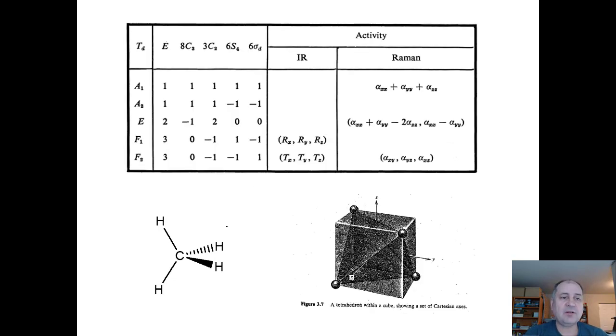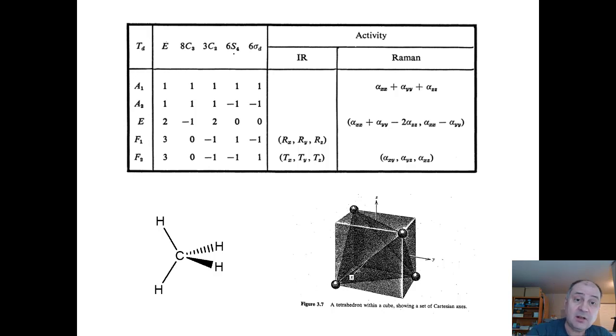The next example is of a tetrahedron, and the only reason I'm showing this to you is because I got very tenacious when I learned this as an undergrad. I played around with the character table. I looked up a tetrahedron, which was methane. Perfect methane is in the Td point group, and I was just curious if I could find all of the symmetry operations.